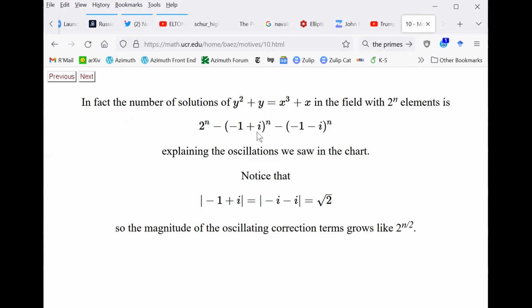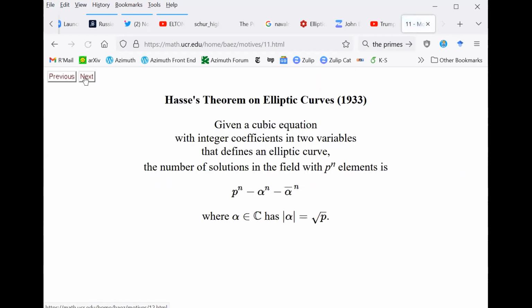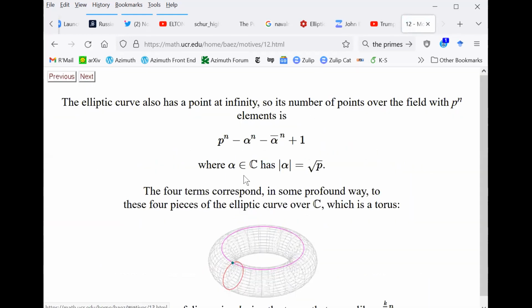So in this particular case, the thing I was calling alpha is -1 plus or minus i. And so then that's the alpha in this formula.